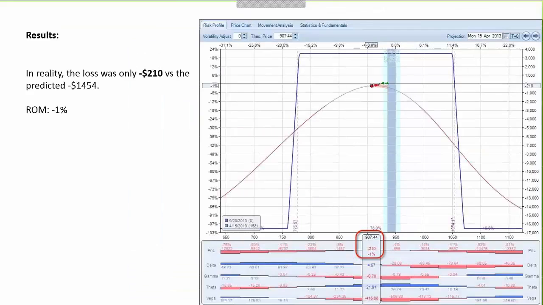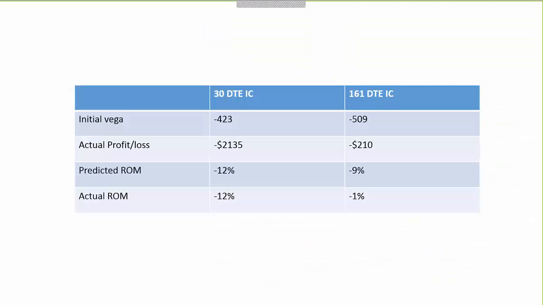This condor is down $210, 1% down. What? I thought it was dangerous. Let's compare them side by side. The initial Vega of the long-term iron condor is bigger by a decent margin. Yet the 30-day is down 12%, the long-term is down 1%.